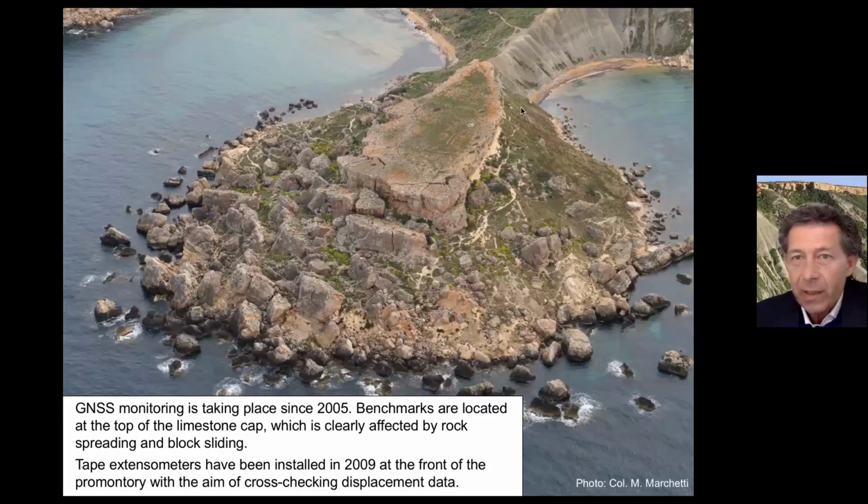So if you have something alive, let me use this expression, something alive in terms of deformation below this plateau, then you may expect that beside very slow movements like these, you can have sudden rock falls and rock topples, which may endanger coastal visitors.